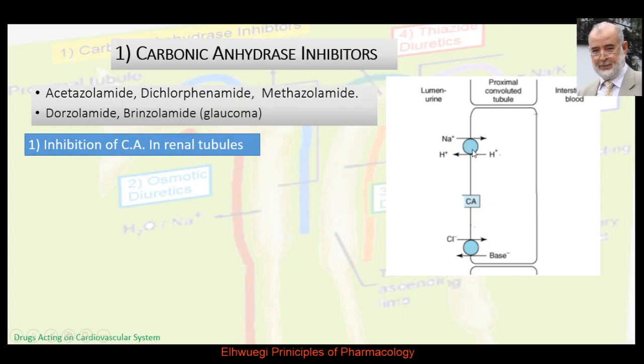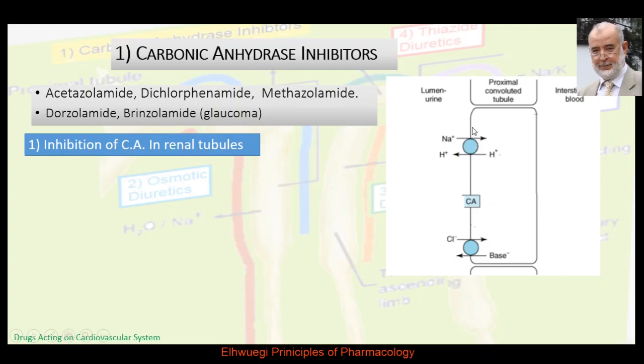How does this happen? Sodium chloride will be ionized into sodium ions and chloride ions. The sodium ions will be exchanged with the proton or hydrogen ion on the luminal membrane by an exchanger known as the sodium-proton exchanger.